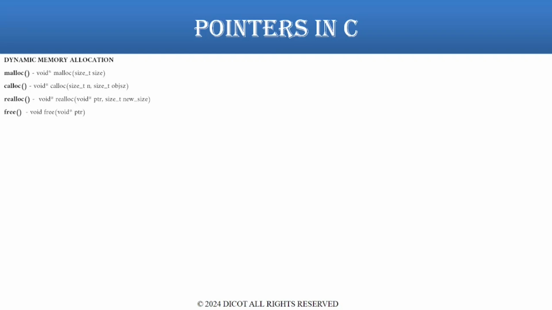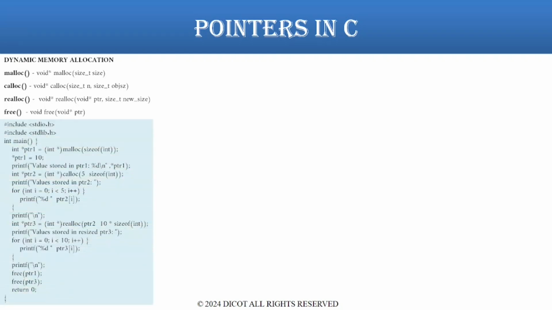Let's write a simple program to understand the usage of these functions. Here, using malloc, we are trying to allocate memory space for one integer and storing the address returned by malloc in a variable ptr1.